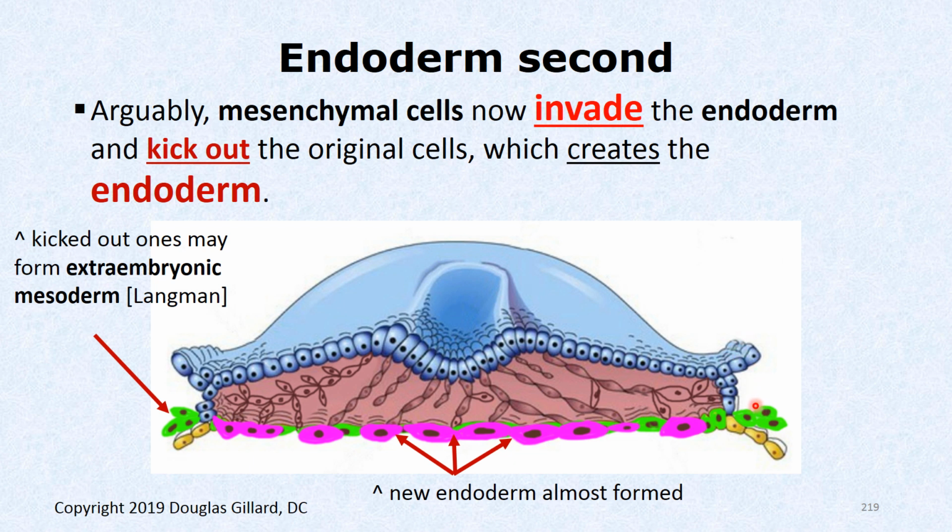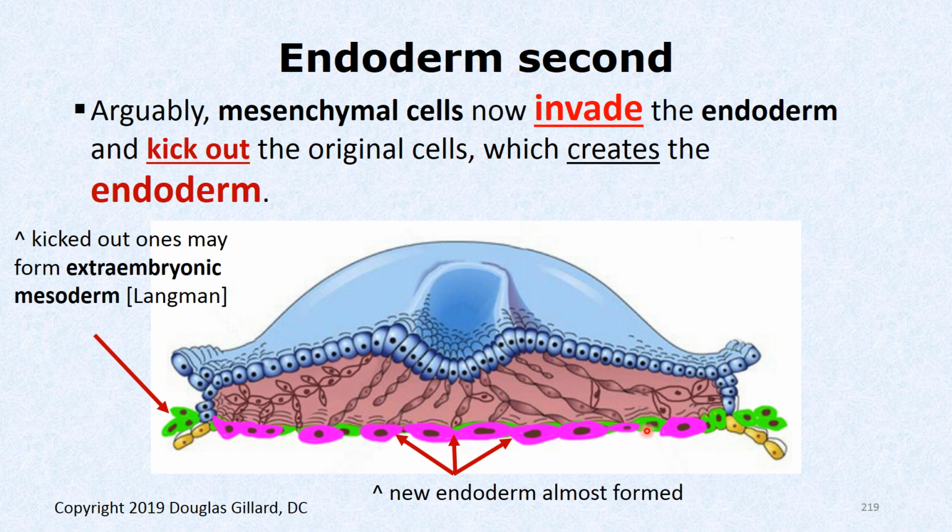One theory is that these cells that get kicked out, those old epiblast cells, form extraembryonic mesoderm, the part above the layer of the bilaminar disc. So we kind of make use of them.